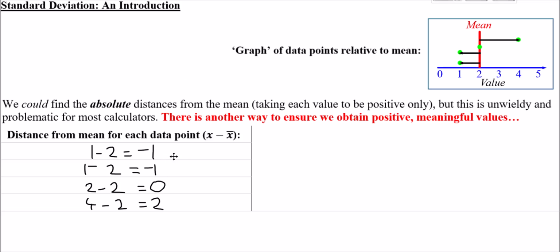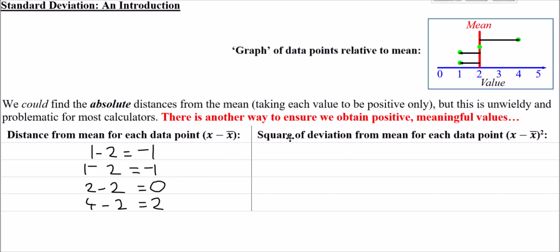So how can we make it meaningful rather than meaningless? What can we do to any number in the world to transform it into positive in a way which you've seen before and are very familiar with? What we could do is we could square each deviation. So we could square each number, couldn't we?